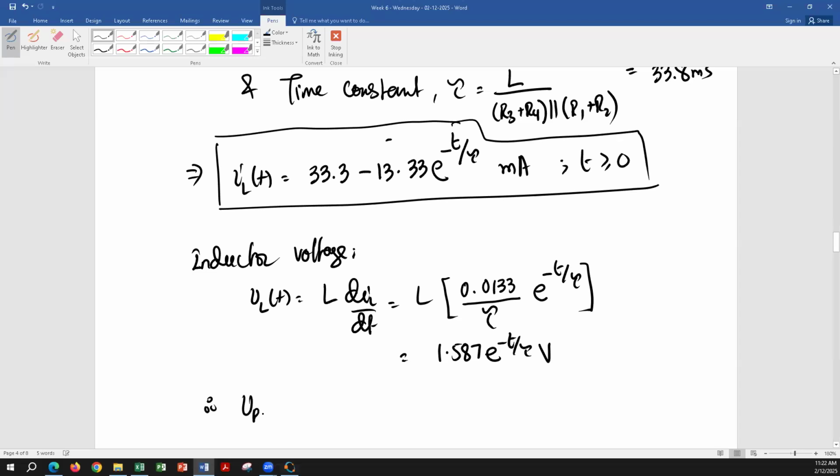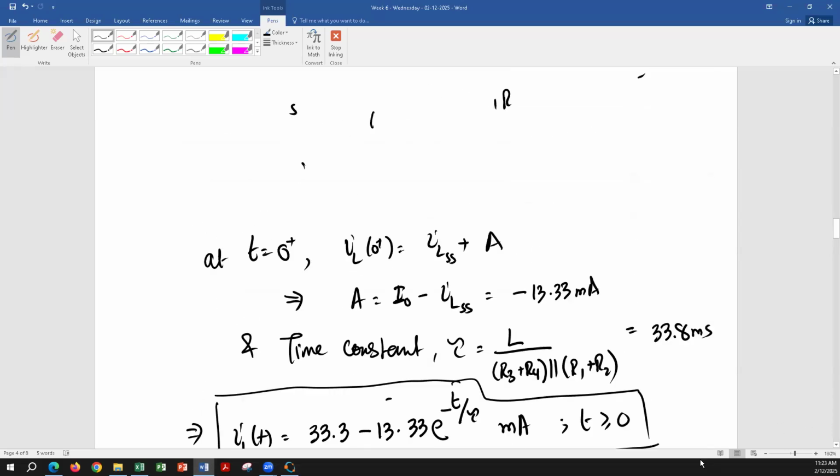Therefore, VR4 is VL(t) times R4 over R3 plus R4. So that's going to be VL times R4 divided by R3 plus R4. 0.9873 e to the power negative t.